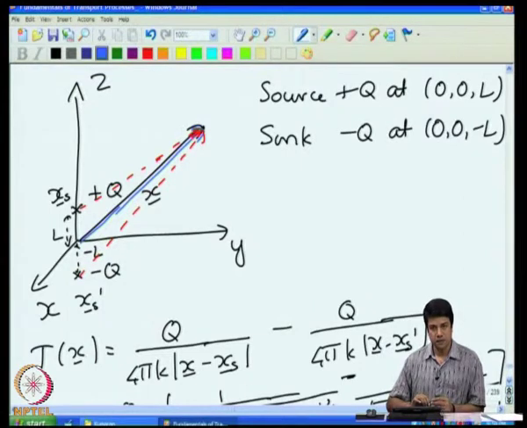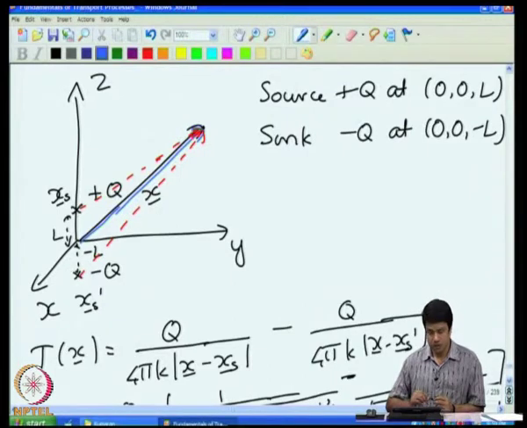The next higher term, n is equal to 2, I am sorry, n is equal to 1. For n is equal to 1 in the spherical harmonic expansion, m goes from -1 to 0 to +1. So, there are 3 solutions.